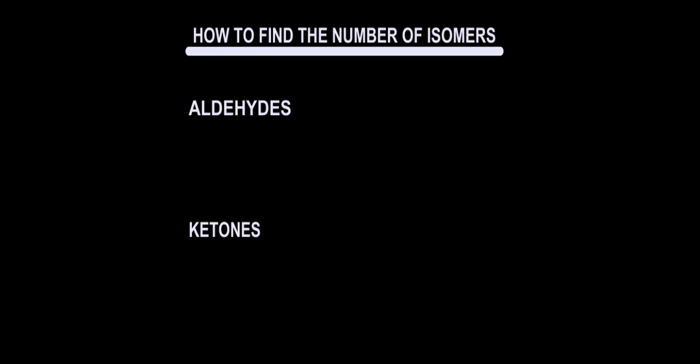Now, how do you find the number of isomers of either an aldehyde or a ketone?